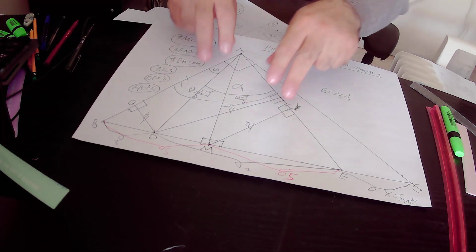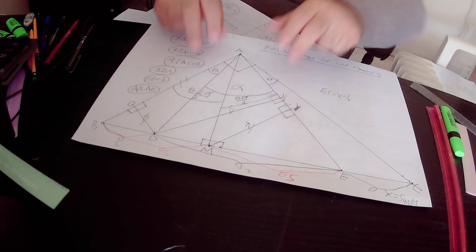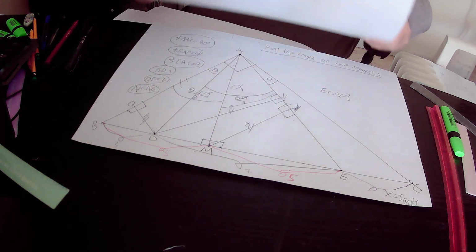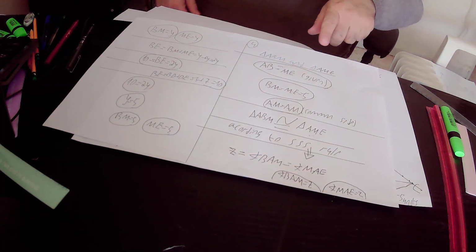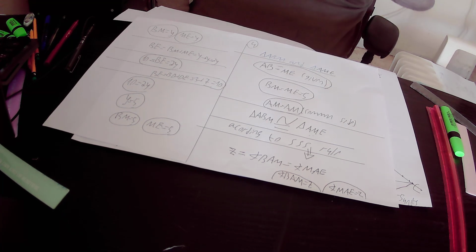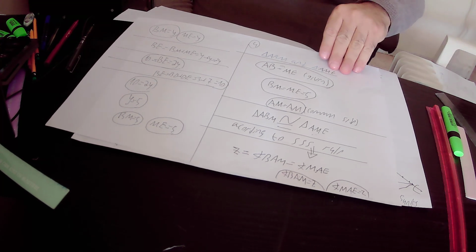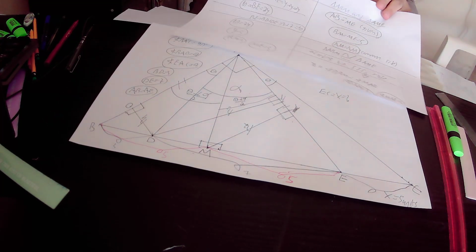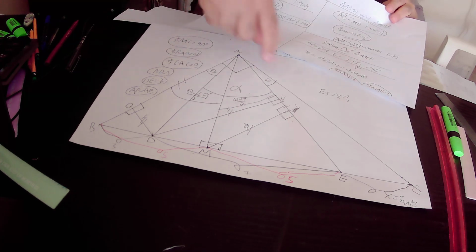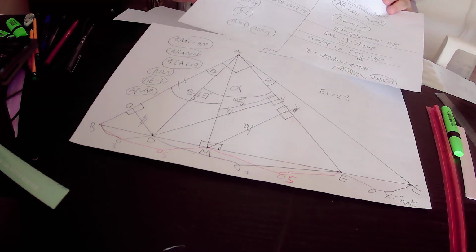Then we prove that those two right triangles can coincide with each other. That is to say, triangle ABM can coincide with triangle AME. Why can those two triangles coincide? First of all, AB is equal to AE, it is given in the question.